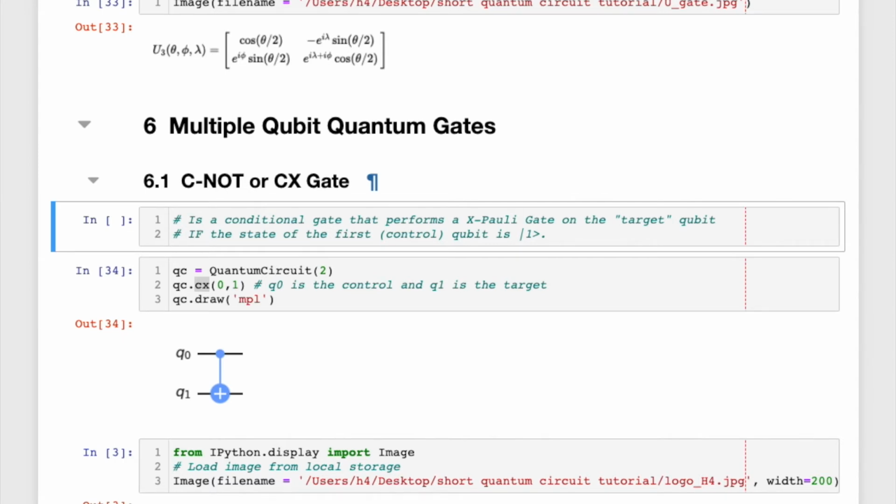If you use the CX enough times combined with Hadamard, U rotations and Pauli gates, I am not an expert, but I believe you can build basic circuits.